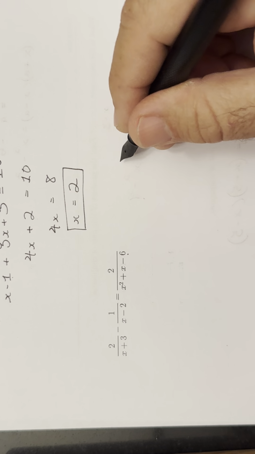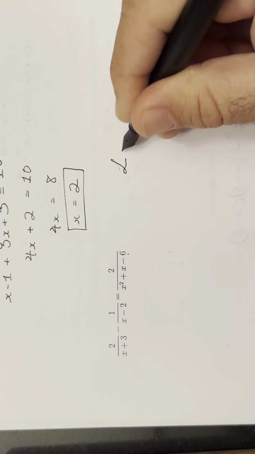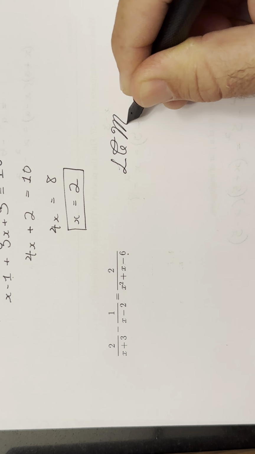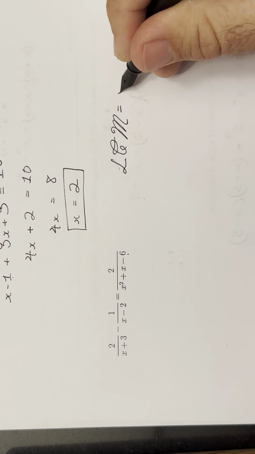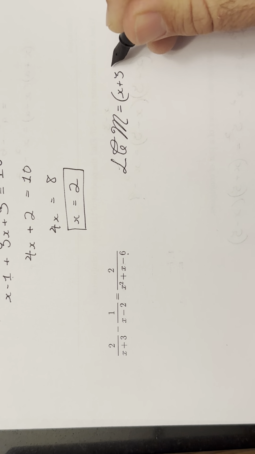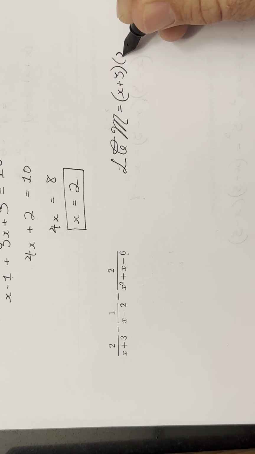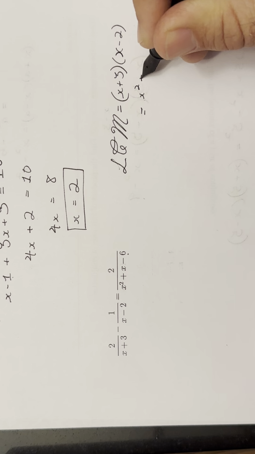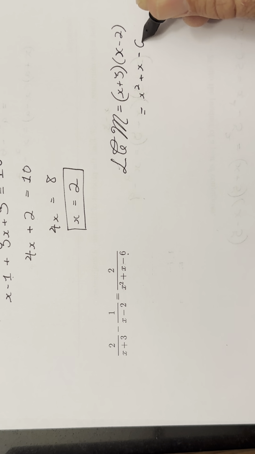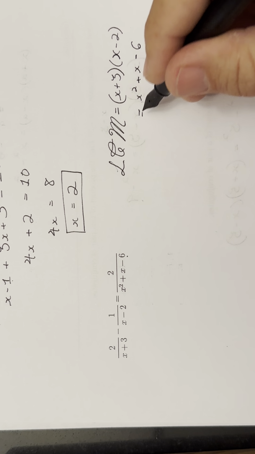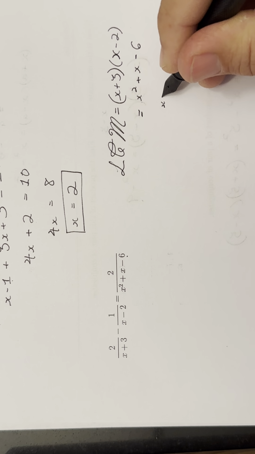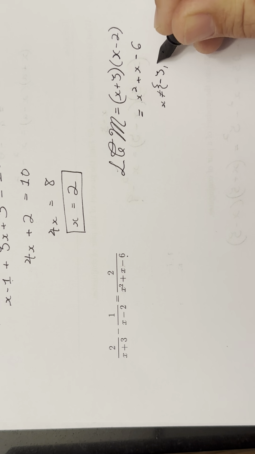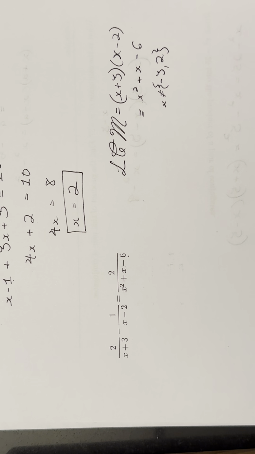So the lowest common multiple will be x plus 3 times x minus 2, which is the same as x squared plus x minus 6. And also note our two forbidden values are x cannot be negative 3 or positive 2, right? It cannot be either of those two numbers.